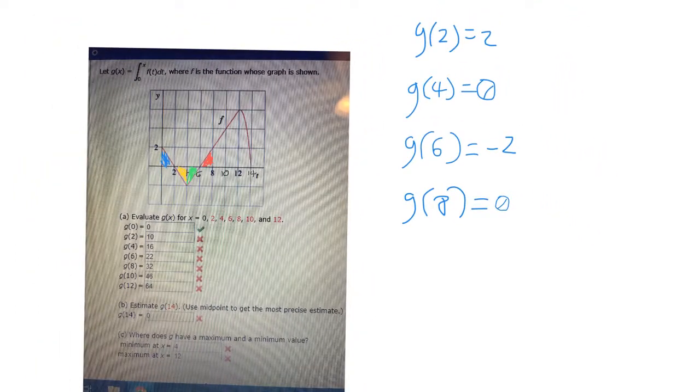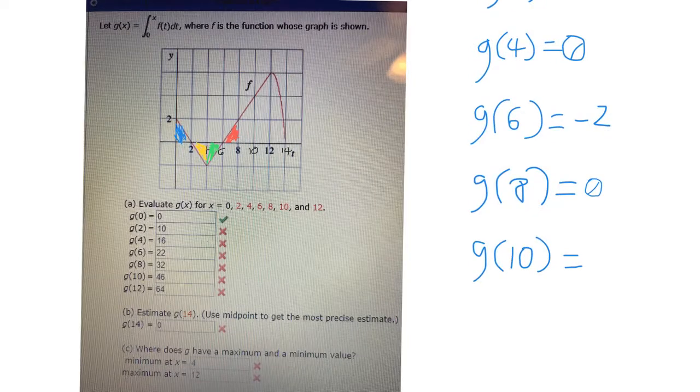All right, so then we have the next one, which is g of 10. And that's asking us to take into account everything that's come before, but now we're focusing on the new section. And the new section is this section right here, which I'll label in black actually.